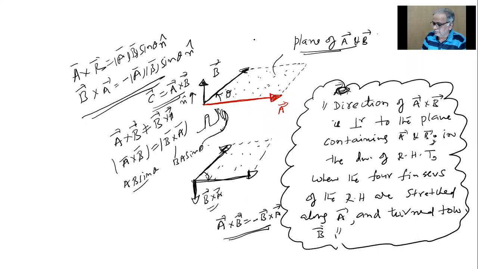Any questions, children? Sir, can you explain the last formula, mod A cross B is equal to mod B cross A, AB sine theta, BA sine theta, that one?